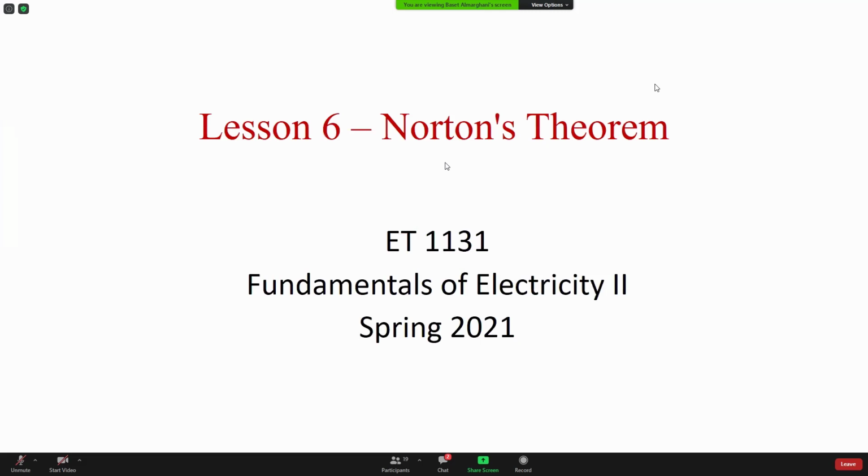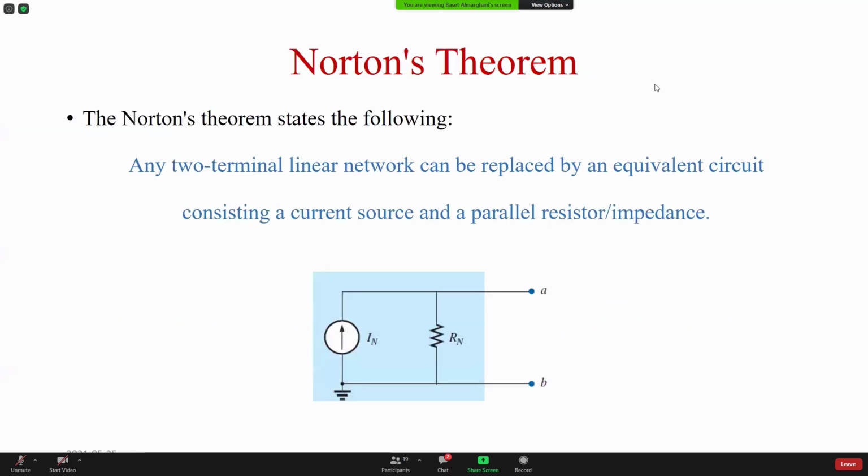So now Norton's theorem, the same idea, but it's a different source. It says any linear network that has two terminals can be replaced with an equivalent circuit, an easy equivalent circuit.